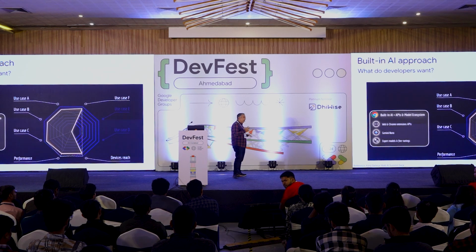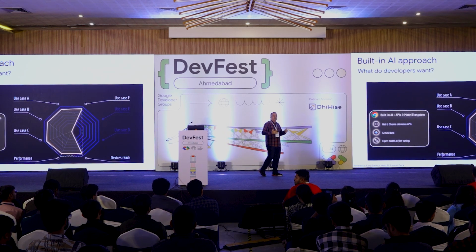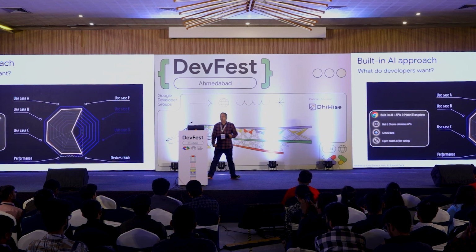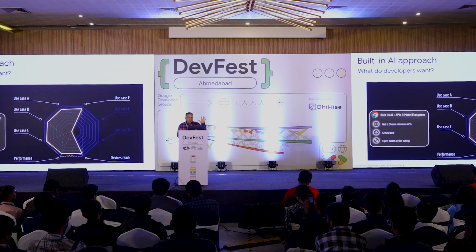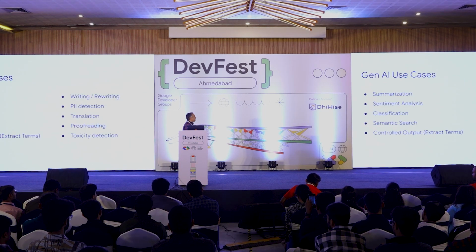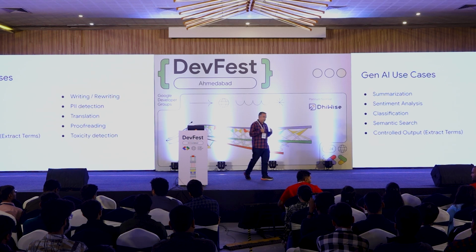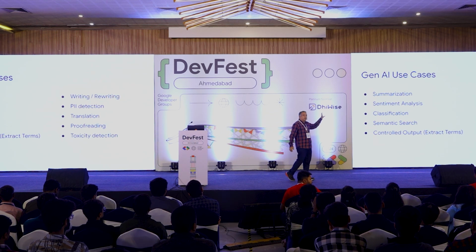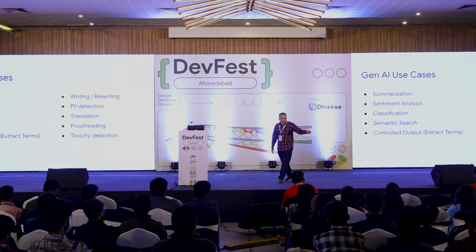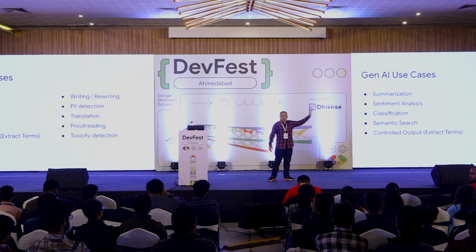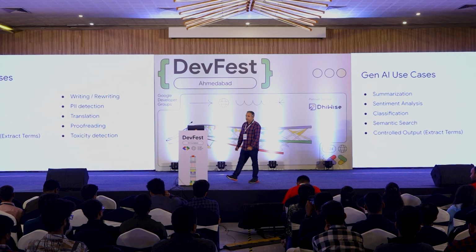The abstraction is so well made that, for example, you say prompt, or you say dot summarize, or you say dot translate, right? And behind the scenes it is still using all of these things. So these decisions were there, and that brings us to these use cases. When they had a 2-week sprint with certain partners asking what developers really want, if a model is shipped inside of the browser, you will see the typical use cases that came up.